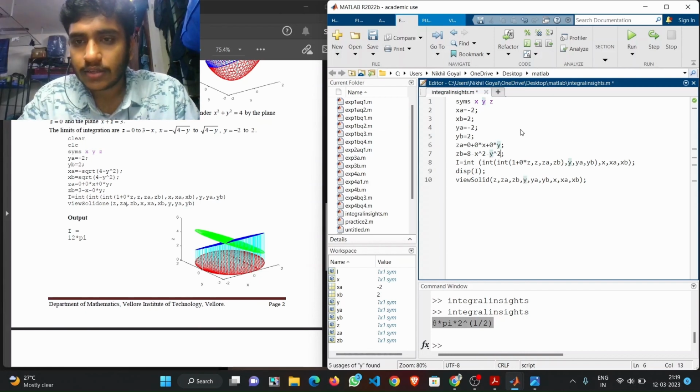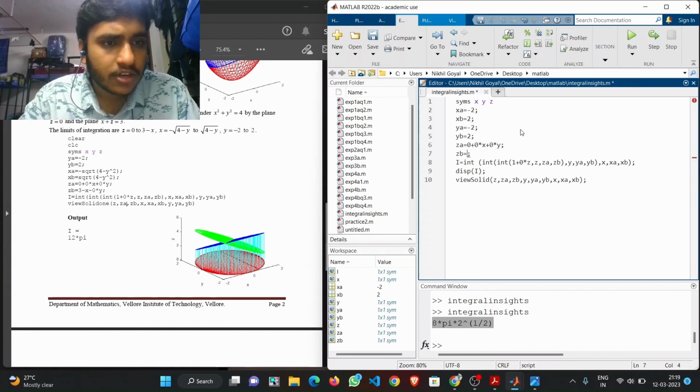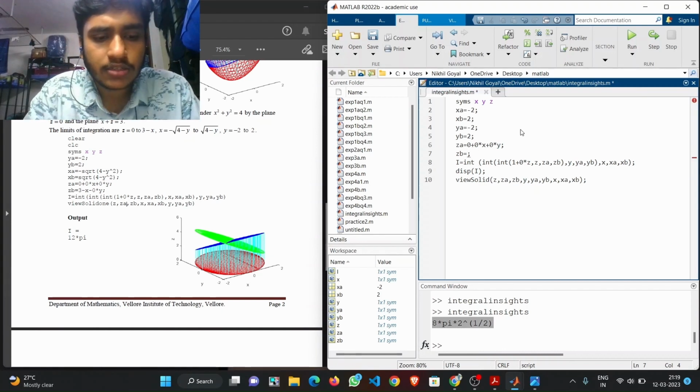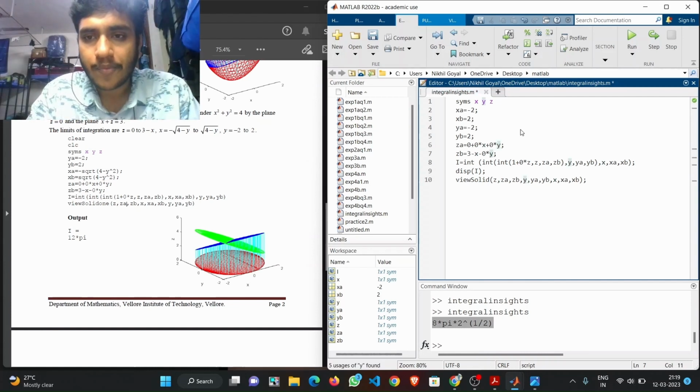And zb limits we will be writing as 3 minus x minus 0 into y. Okay, and y is minus 2 to 2.